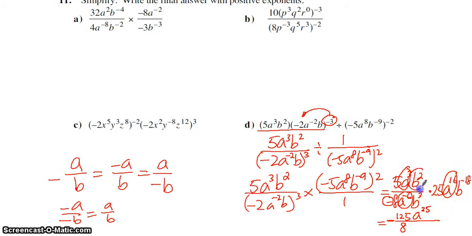Finally, b^2 times this one, so you add the exponents, 2 plus negative 18, that's negative 16. And then you subtract, because you're dividing by b^3, negative 16 minus 3, that's negative 19. So you can write b^-19 on top, or a negative exponent means you put it in the bottom. Here we go. Okay, so that's the answer.